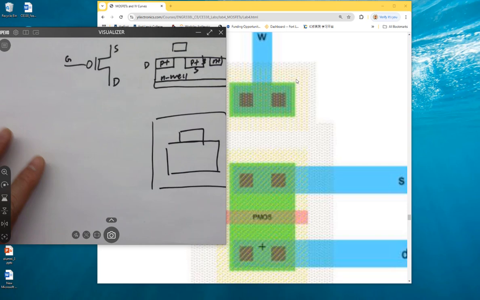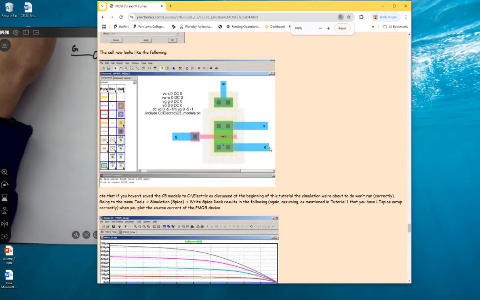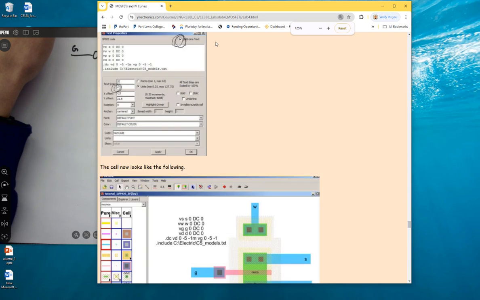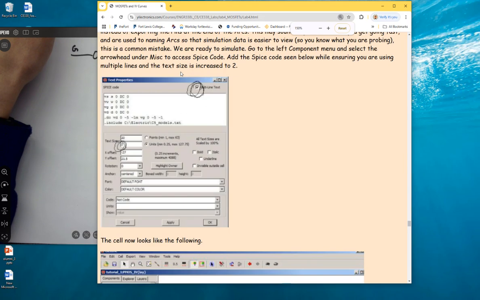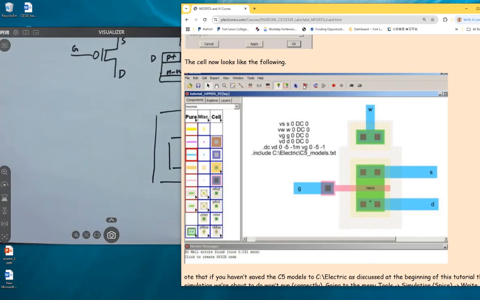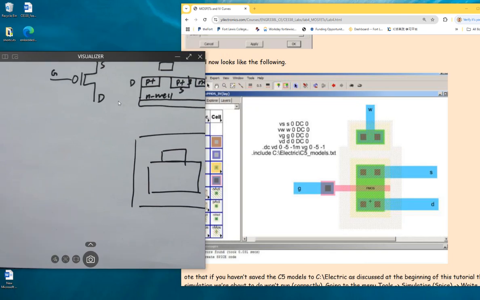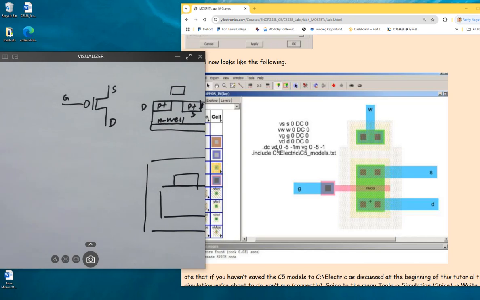Okay, and now let's look at the SPICE code real quick. It's over here. What signals are being shorted to ground? Because we are sweeping VD, VD is definitely not permanently shorted to ground. Because we are sweeping it, it's a variable that will change over time, because the x-axis is VD voltage.